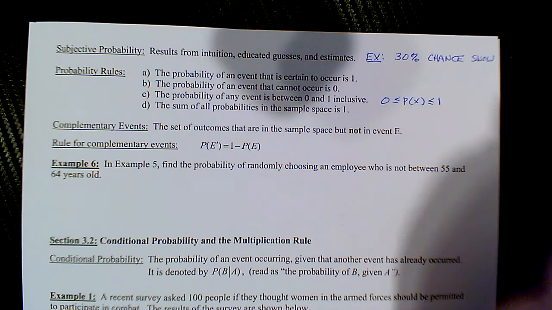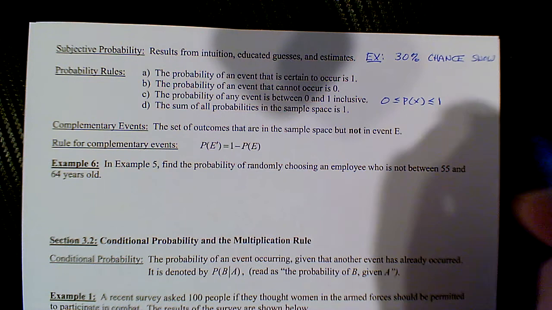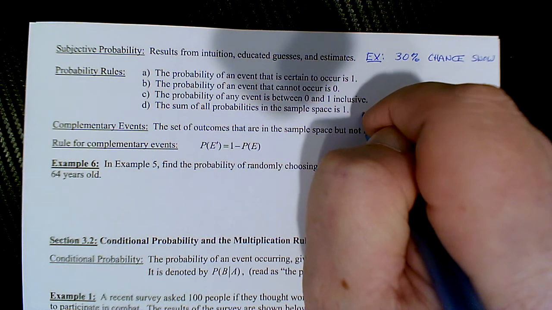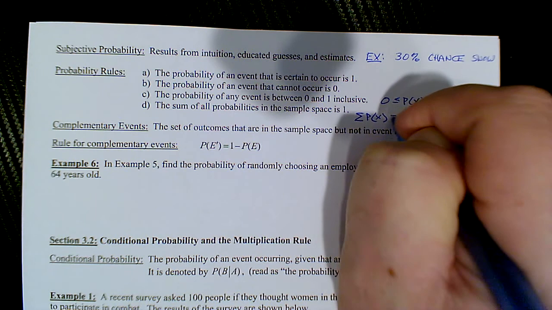That's always going to be true. Any probability is between 0 and 1, never negative, never greater than 1. And the sum of all the probabilities is going to equal 1. So you could state that the sum of the P of x's will equal 1.